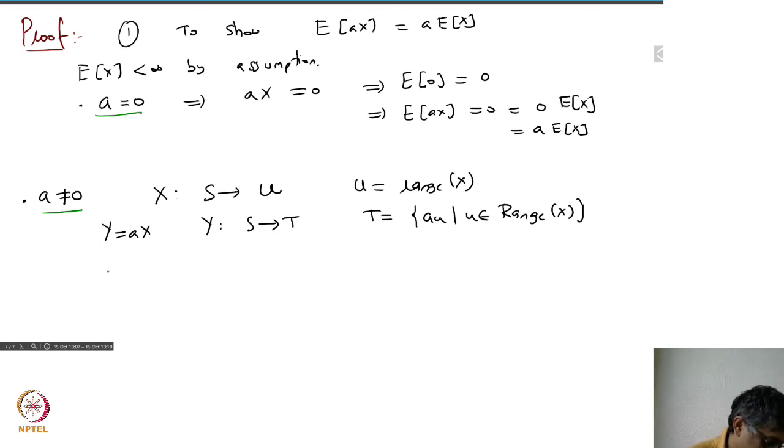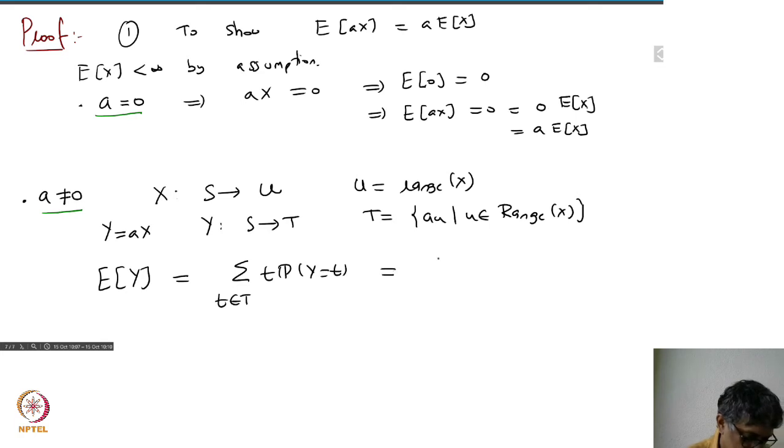So E of Y, which is what we want to understand, is the same as the sum over t in T of t times the probability Y equals t, which I can rewrite as the sum over u in U of a times u, probability Y is equal to a times u. That is by definition of elements in T.